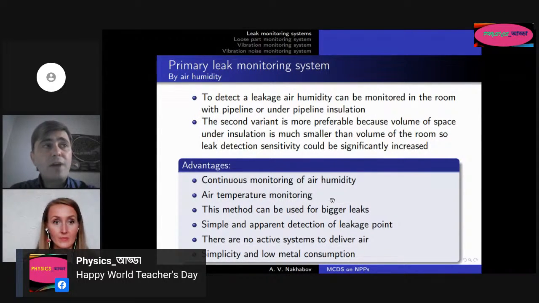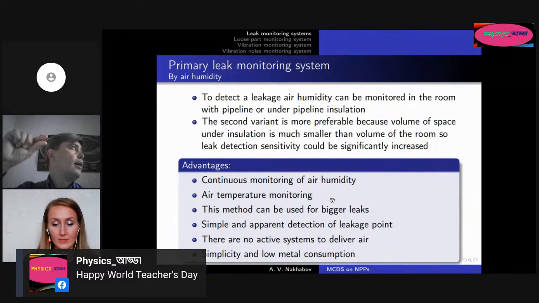But from our side, it's very convenient if we want to monitor humidity, because if you have a pipeline and some thermal insulation screen around, with some small gap between, actually, as I know, at least approximately 1 centimeter between insulation and metal, then in case of possible leakage, of course, what does leakage from the primary circuit mean?